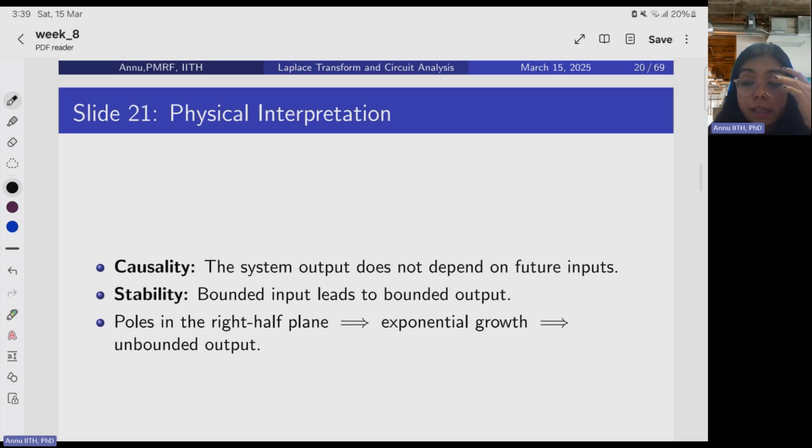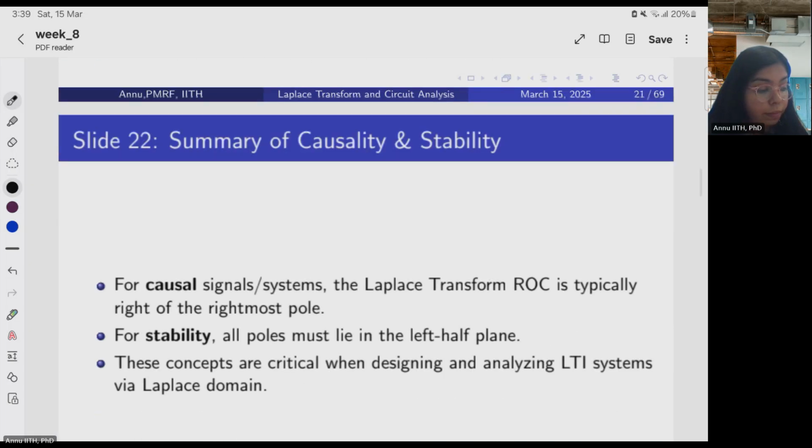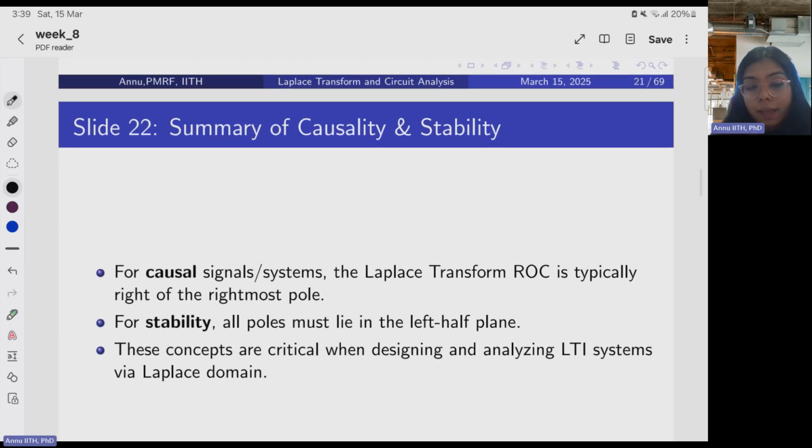The physical interpretation is that the system output doesn't depend on future inputs, and bounded inputs lead to a bounded output. Poles in the right half plane give exponential growth, that is an unbounded output. So that is the summary for causality and stability.